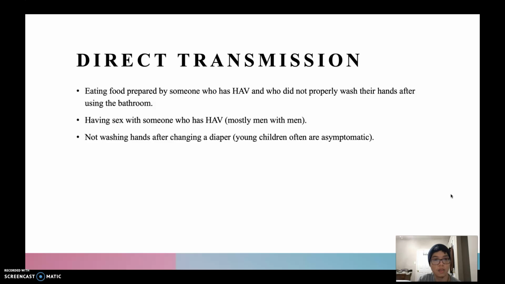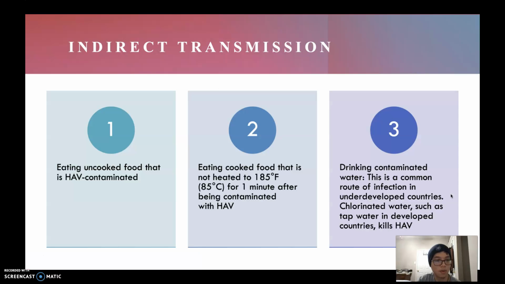Here's direct transmission. So eating food prepared by someone who has HAV and did not properly wash their hands after using the bathroom, having sex with someone who has HAV, mostly men with men, and not washing hands after changing a diaper.